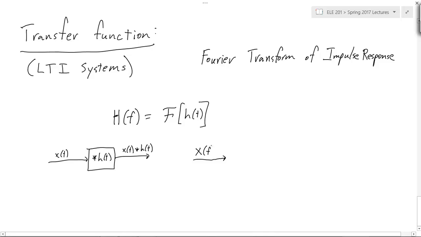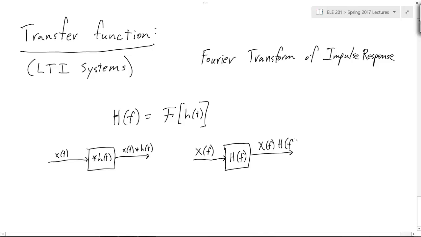So if we put everything in the frequency domain, x goes in as capital X of f, and my system has a transfer function H of f, then what comes out is just a product, X of f times H of f.